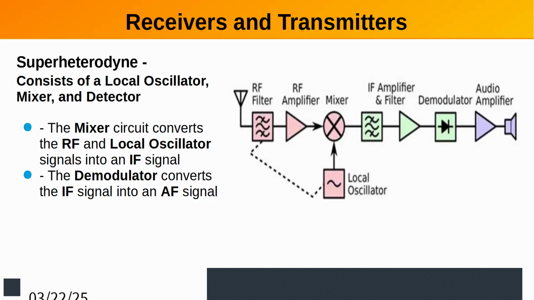In this case, you're using the mixer to mix your RF signal with the local oscillator, which is tuned to the frequency you're trying to receive, plus or minus the intermediate frequency.